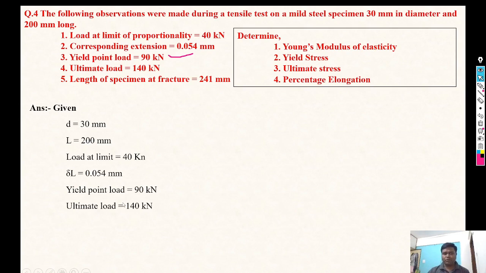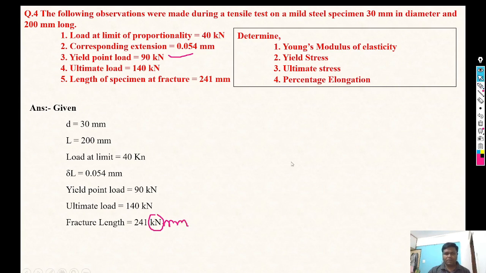Yield point load, upper yield point or lower yield point, whatever, he has not mentioned which yield point, but at yield point load is 90 kilonewton and ultimate load is 140 kilonewton. And the fracture length means where the total specimen gets fractured. That length is 241... I think the unit is changed, it's not kilonewton, it is in mm.